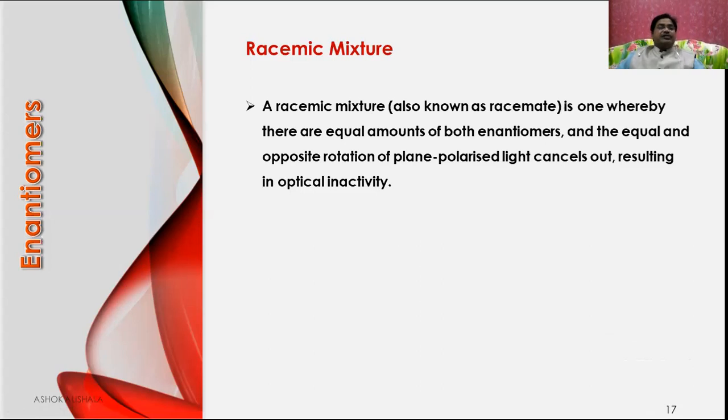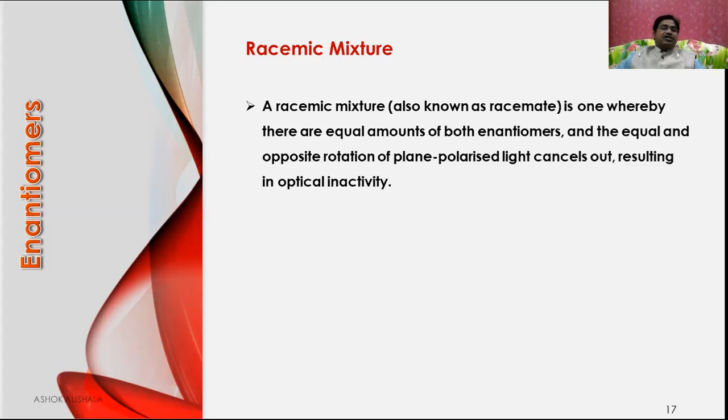That means a racemic mixture is nothing but 50% of one enantiomer, which would be dextrorotatory, and 50% levorotatory. So the rotation of the plane polarized light happens at equal angles: one rotates 50% to the right side, another rotates 50% to the left side, so that both get cancelled.